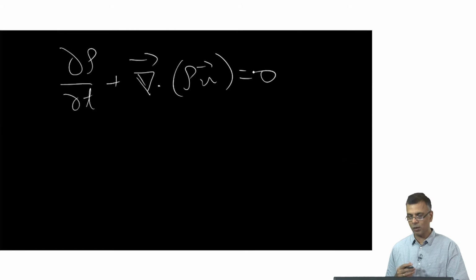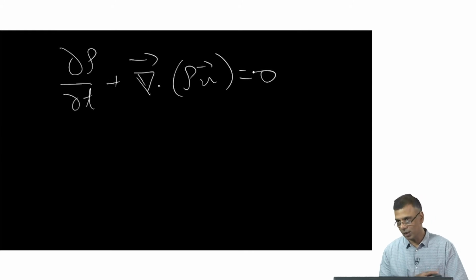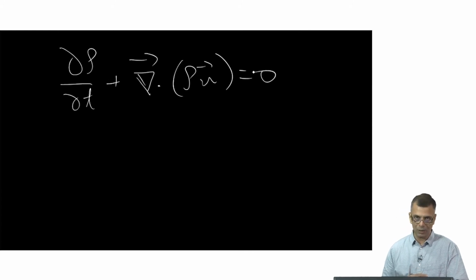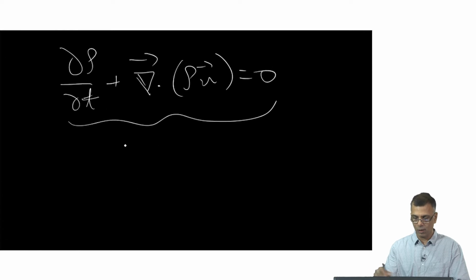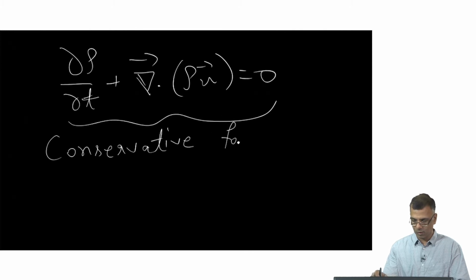The advantage will manifest itself when we start talking about the momentum conservation equation, but this is what's called the conservative form of writing. This is the conservative form. There is something that's conserved, of the mass continuity equation.